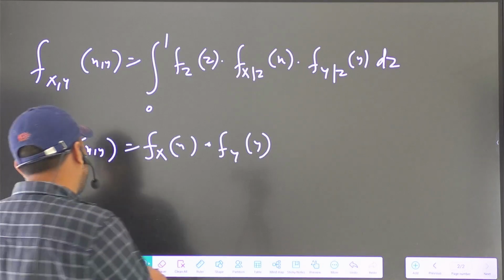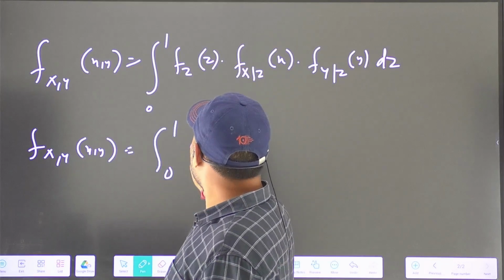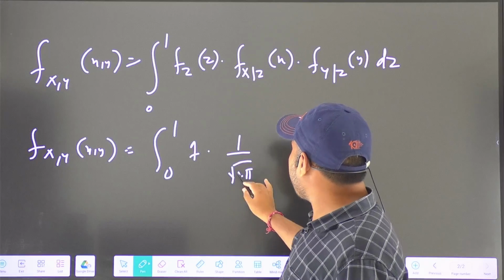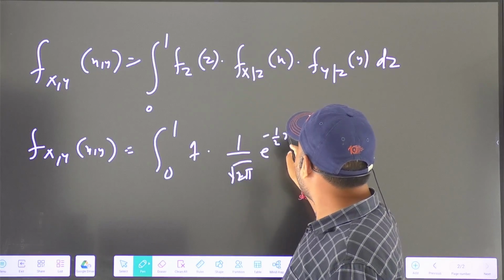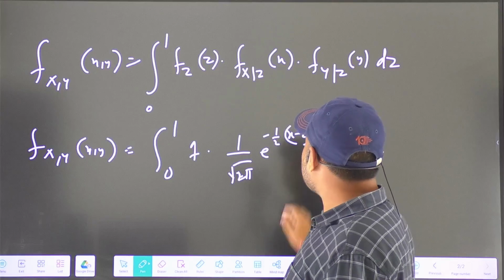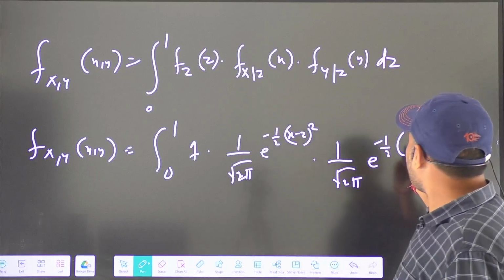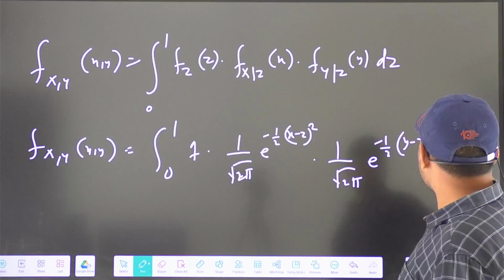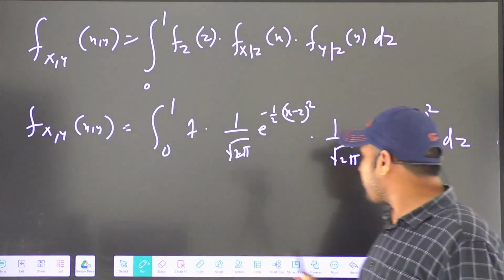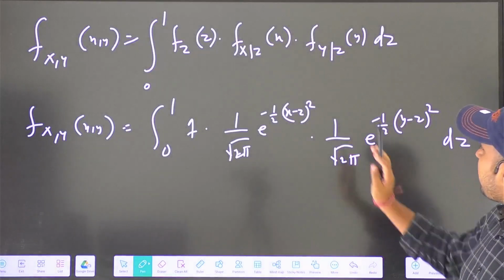Now you can write the PDF. I think here you may integrate. Let's try. It's 0 to 1. PDF of z is 1. And this PDF was what? 1 by root 2 pi e raised to power minus half x minus z whole square, since it was normal with mean z. Times 1 by root 2 pi e raised to power minus half y minus z whole square dz. Integrating this is easier than the earlier one, which was much more complicated. Now you have to integrate with respect to z.